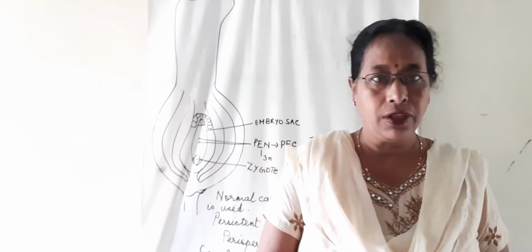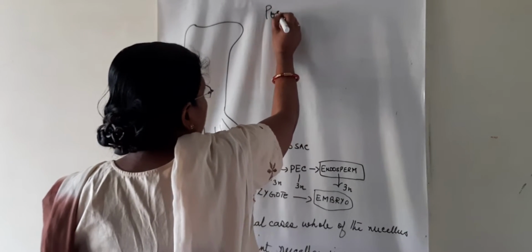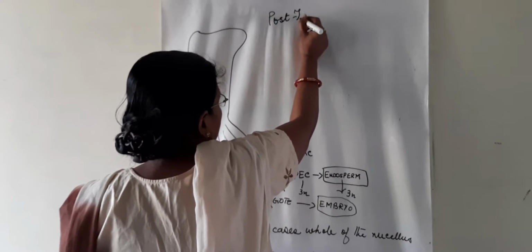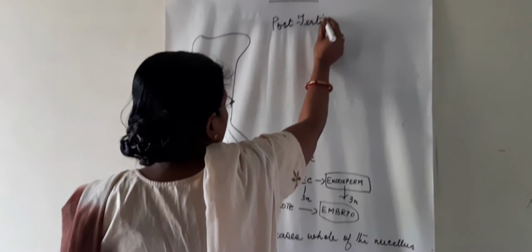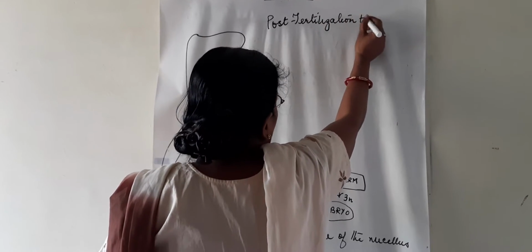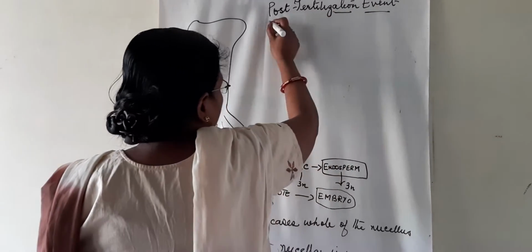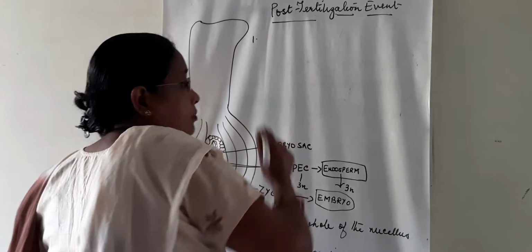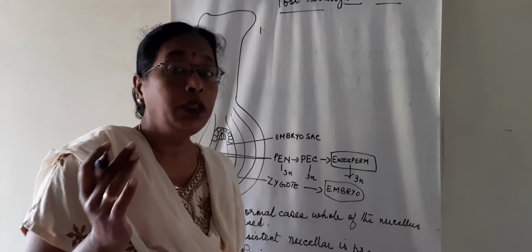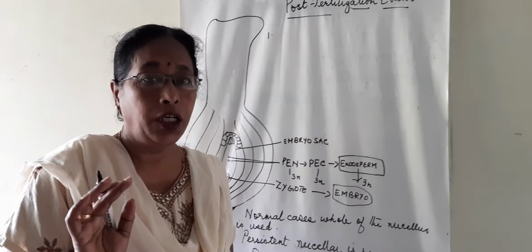Now we come to the post-fertilization events. The endosperm develops first because it has to give nutrition to the growing embryo.